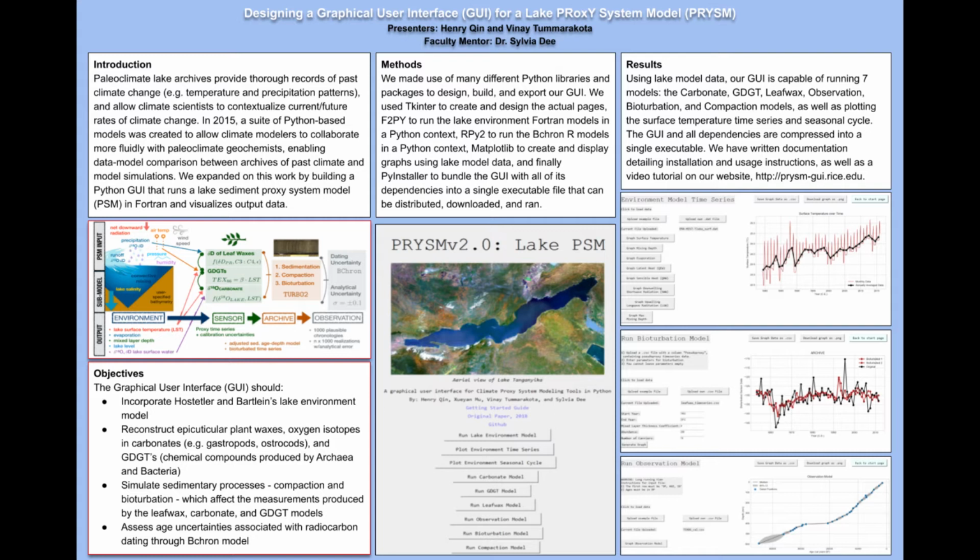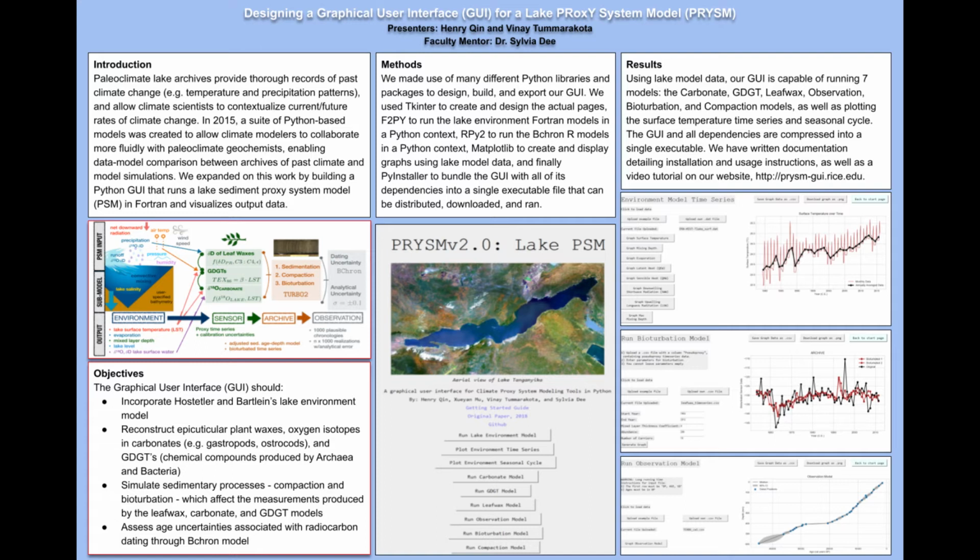The second function of the GUI is to utilize data produced by the lake model to reconstruct paleoclimate archives, such as hydrogen isotope ratios in epicuticular leaf wax, oxygen isotope levels in carbonates such as gastropods or ostracods, and the presence of GDGTs.